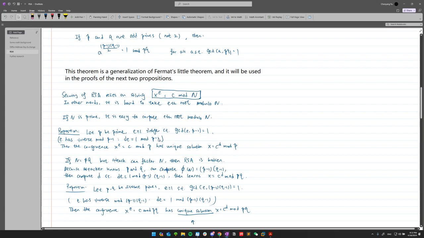Let's say, for example, just let p equal n, and then you will have d times e equals 1 mod n minus 1, because you already know n.